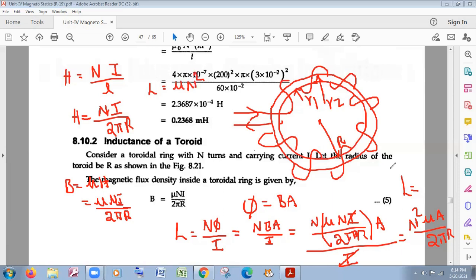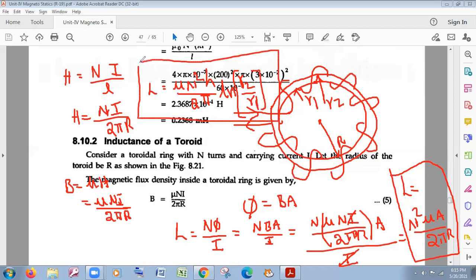We already got L is equal to N square mu A by 2 pi R. Now, with H as the height of the toroid, and R1 and R2, it's 2 pi, not taking the single radius R, ln of outer radius by inner radius. So L is equal to mu N square H by 2 pi ln of R2 by R1.